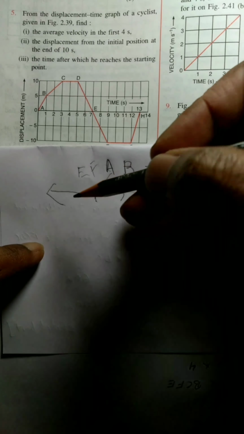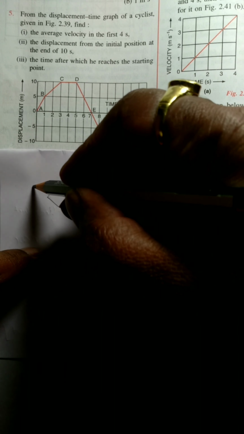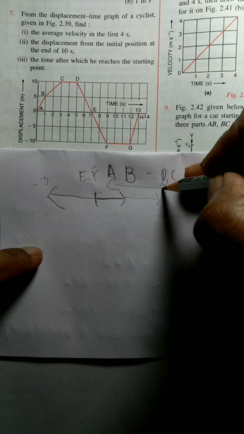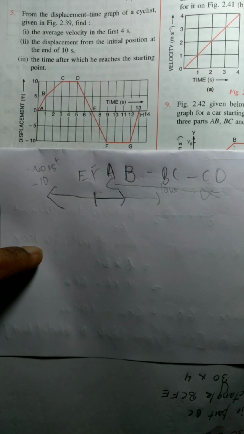It reaches -10. -10 means it reaches exactly the opposite direction. Suppose it is moving towards east 10 meter, then -10 means towards west 10 meter.